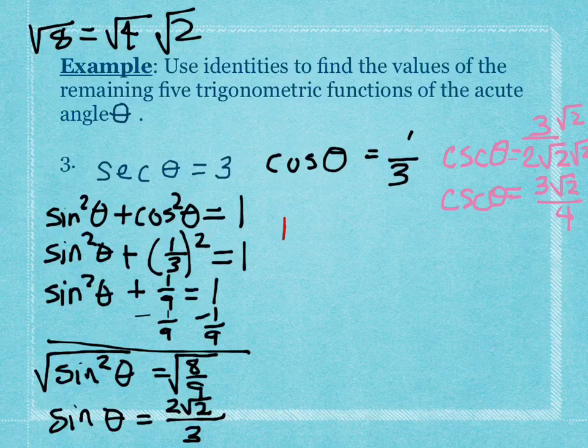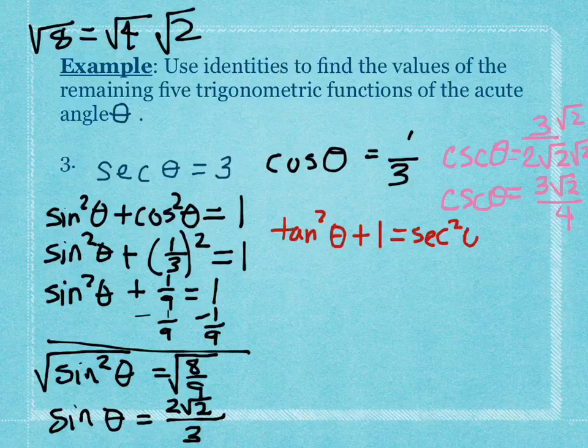All right, so I know that tangent squared of theta plus 1 is equal to secant squared of theta. So I have tangent squared theta plus 1. Secant is 3, so this should be 3 squared on the right-hand side.